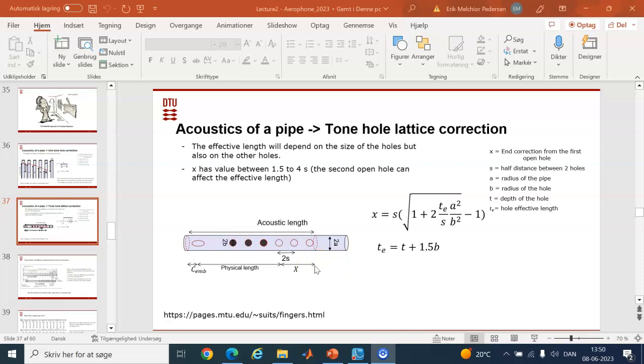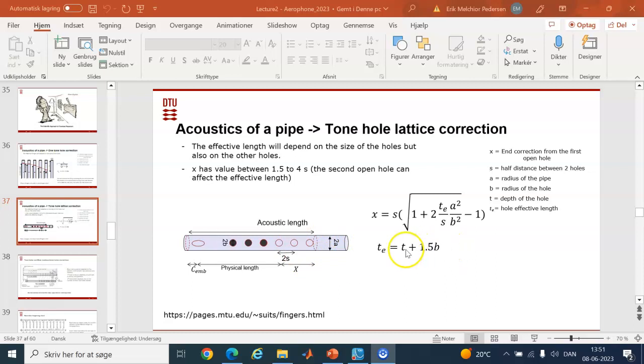X is the end correction from the first open hole. S is the half distance between two holes. A is still the radius of the pipe. B is the radius of the hole. T is the depth of the hole. And T is the hole effective length.